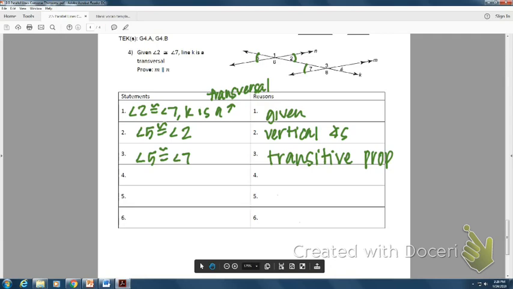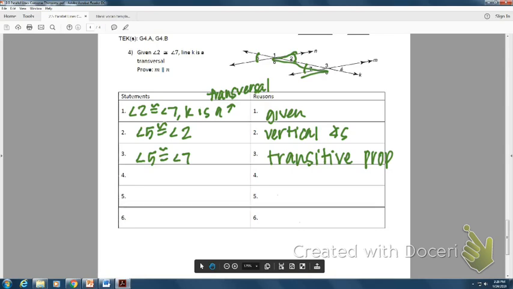We had 2 and 7, so what should we have used? Alternate interior angle converse. Okay, although we've done all this, that's great. As soon as they gave you that 2 and 7 were congruent, these are alternate interior angles. So you could have used the alternate interior converse theorem, and then those lines have to be parallel.